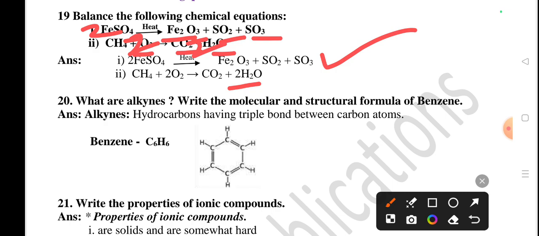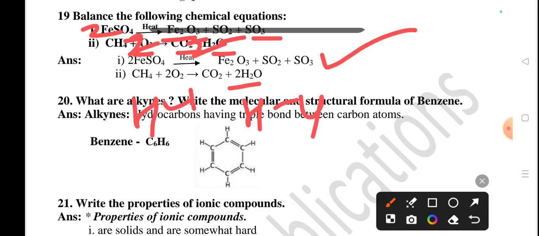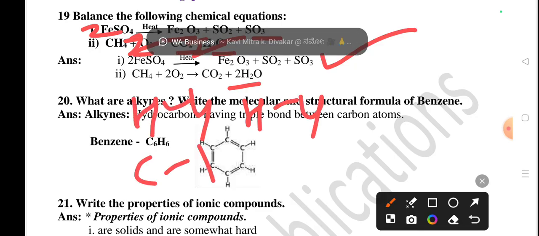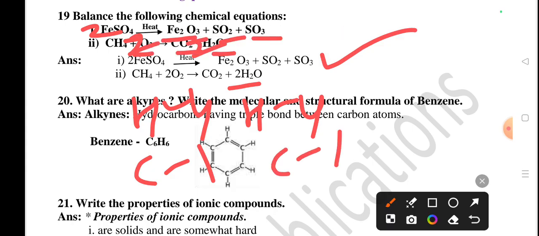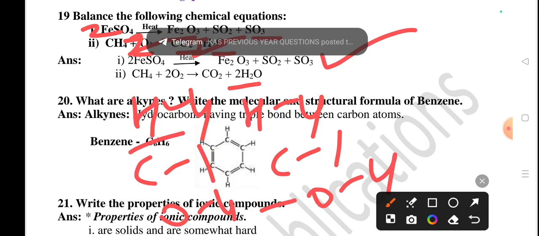Then the remaining things: hydrogen is 4 here, also 4 here, carbon 1 here, carbon 1 here, then oxygen 4 and here also 4. LHS is equal to RHS.